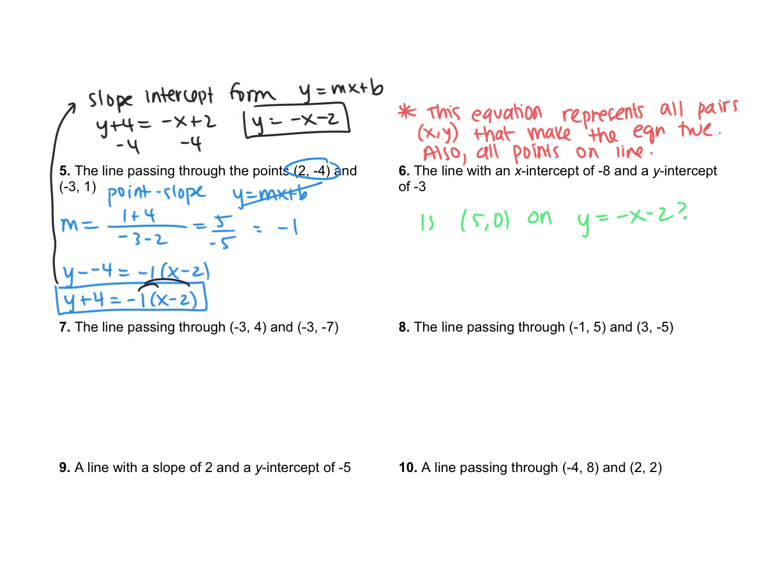The point has to make the equation true. So if I plug this in for my x and y, I get 0 equals -5 minus 2. What is -5 minus 2? -7. What does this tell us when we get 0 equals -7? Not on the line. So that point exists, but it doesn't actually fall on our line.